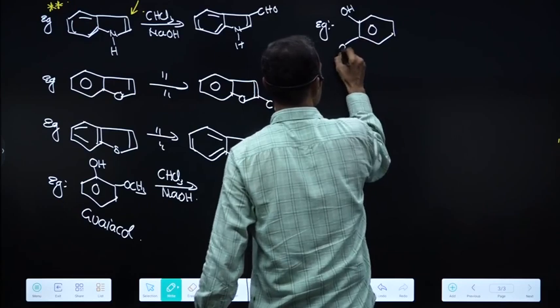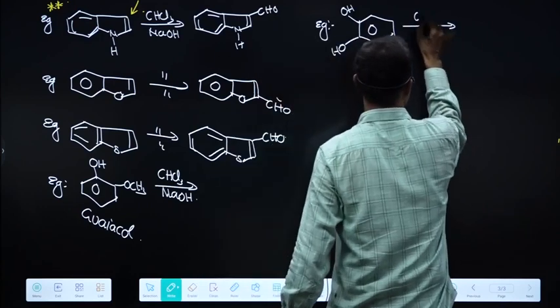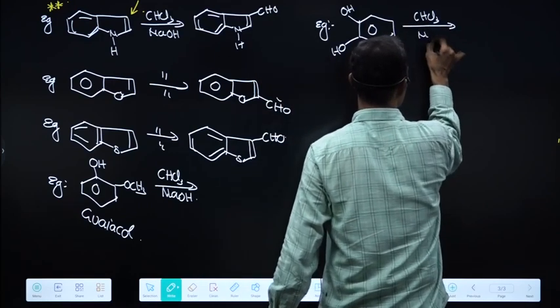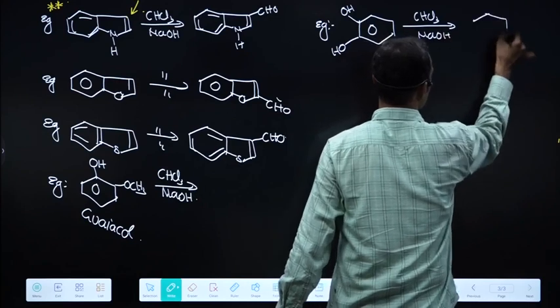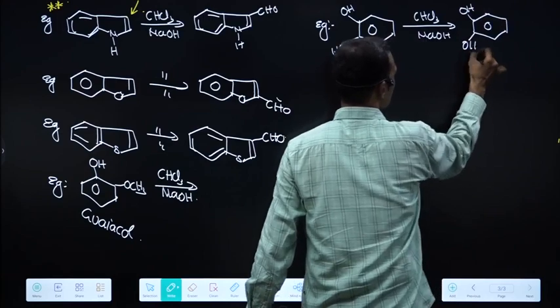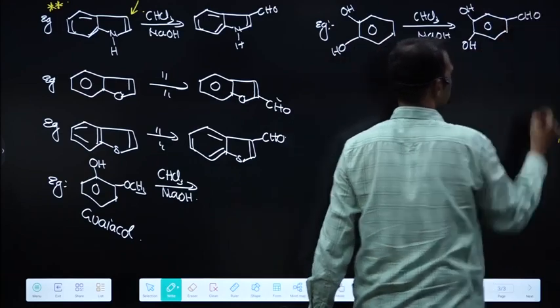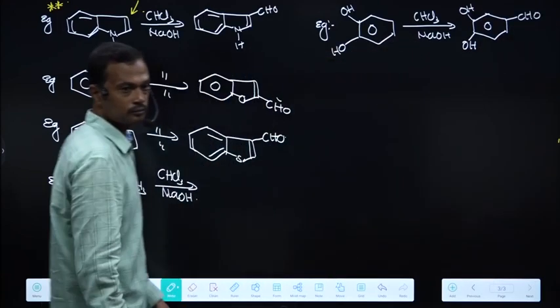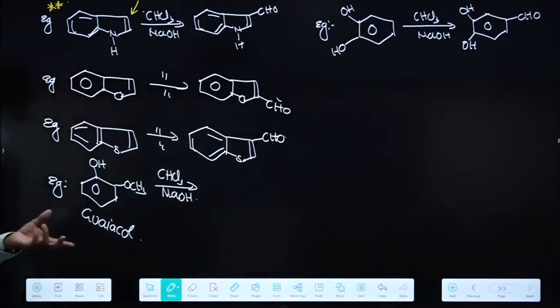This is OH and this is OH. Chloroform in sodium hydroxide. Exactly. One ortho position is free. So we can say here you will expect this answer. If 2-hydroxy is given, you can take any one as a reference.